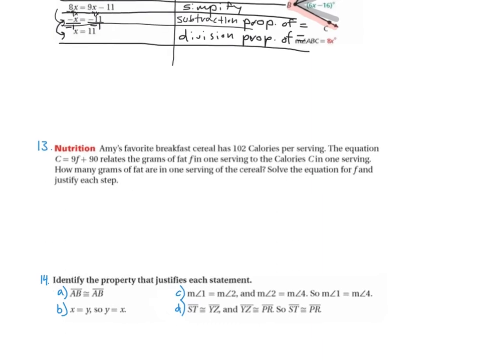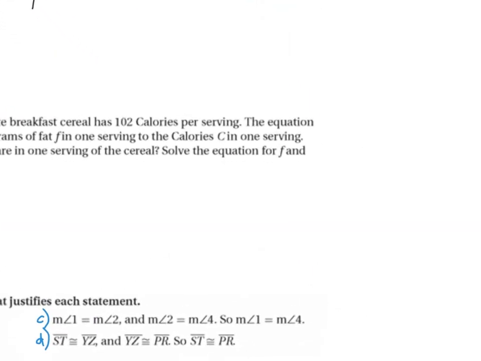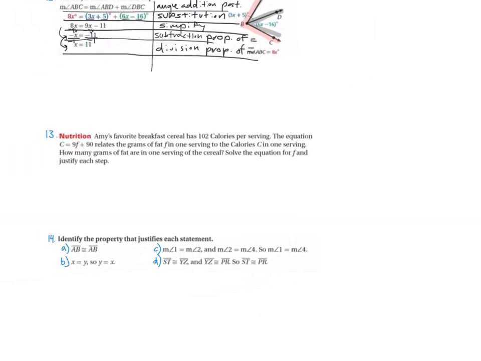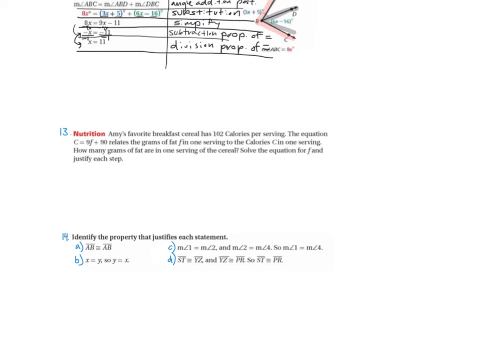Now let's look at 13. I'm going to write it off to the side here. So Amy's favorite breakfast cereal has 102 calories per serving. In the equation, C is equal to 9F plus 90 relates to the grams of fat F in one serving to the calories C in one serving.